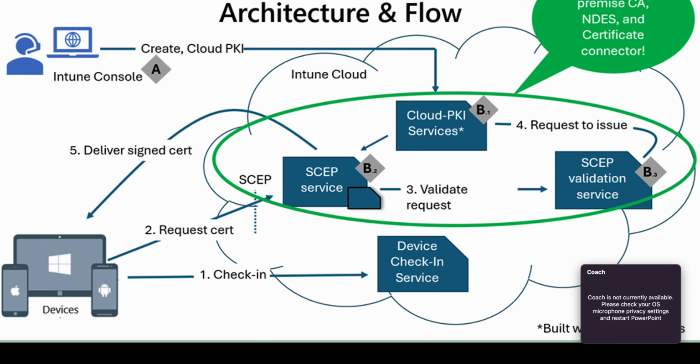So let's check that you understand the flow and architecture of how Cloud PKI actually works. As soon as the device checks in with the Intune services, it receives the trusted certificate and SCEP profiles.